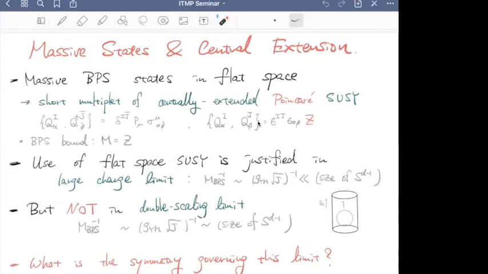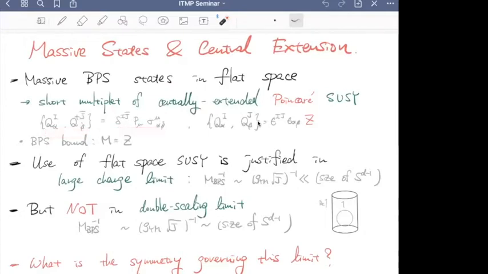However, one thing we need to be careful about is that, before talking about some subtle points, let me remind you what the BPS states in flat space are. As you probably know, the BPS states in flat space are basically short multiplets of some centrally extended Poincare supersymmetry. So this is the usual extended supersymmetry algebra.